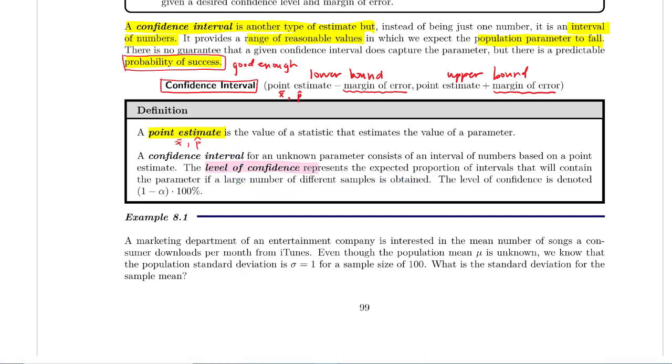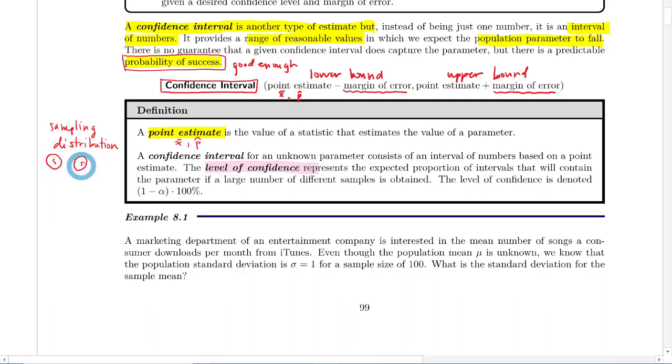Because we're discussing a sampling distribution, we're talking about not just one little sample, but a confidence interval in which, if I took many samples, the population parameter will lie somewhere in that range, and we're that confident, whatever that probability of success is.